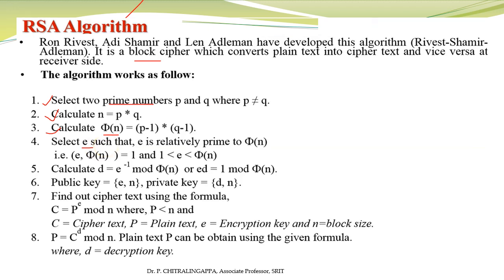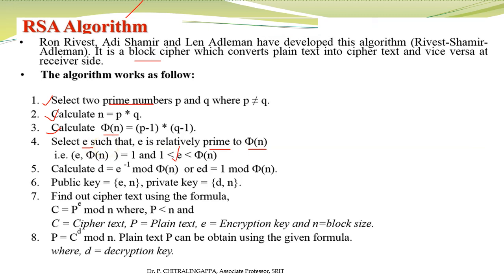We select the public key e, which is relatively prime to phi of n. So GCD of e and phi of n becomes 1, and 1 < e < phi of n. Like that we have to calculate the e value. So you can calculate the e value and then calculate the d value.